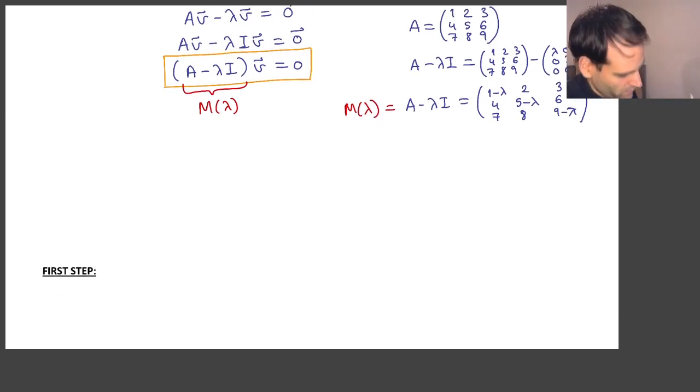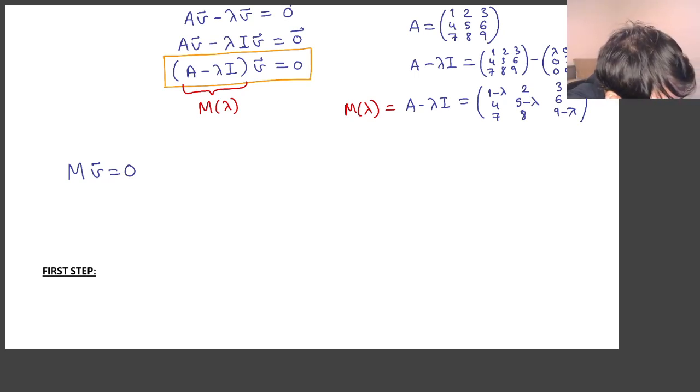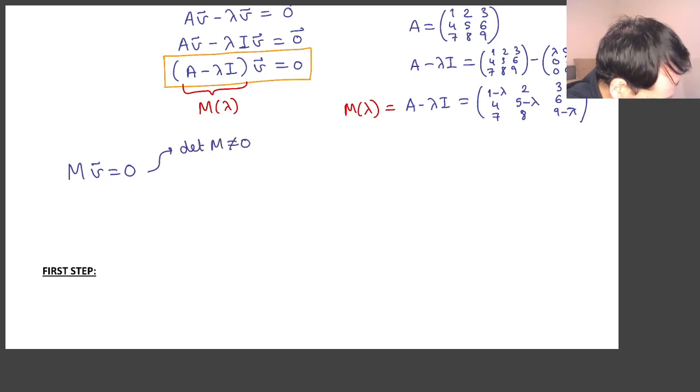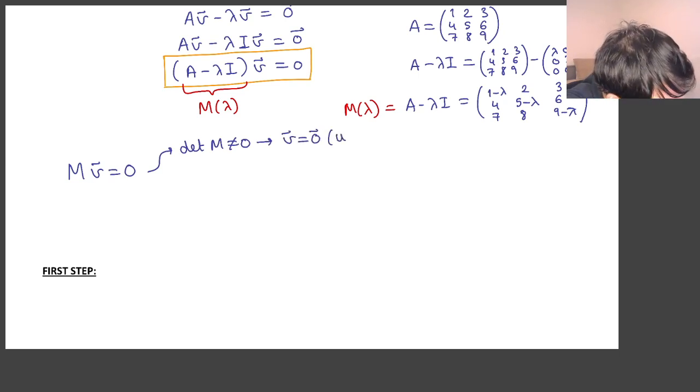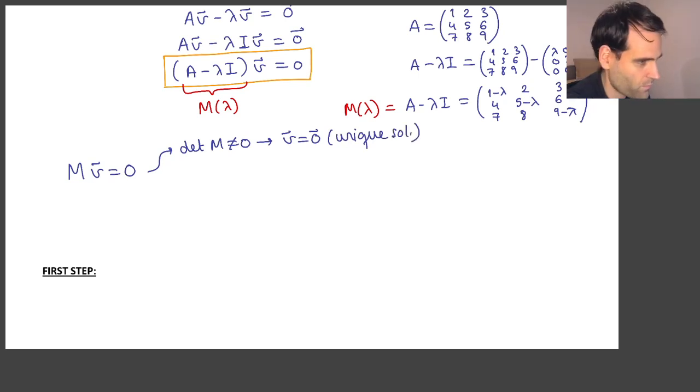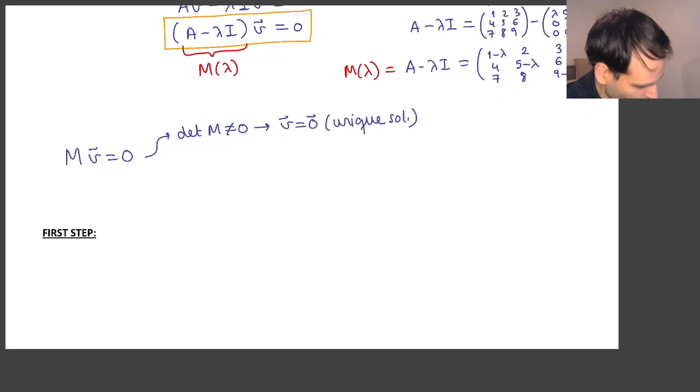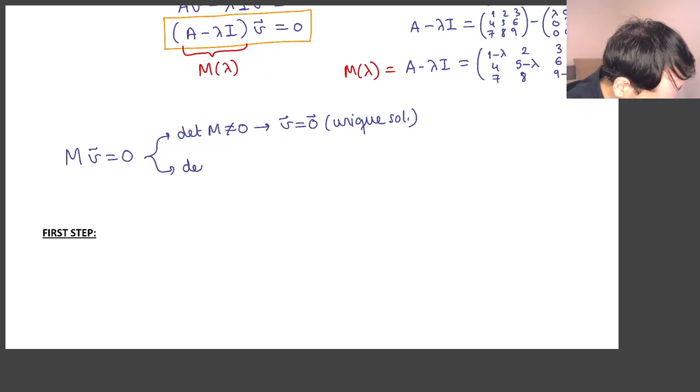But remember, when you are solving a system, matrix M times vector V equals 0, we learned in the last chapter on solving linear systems of equations that two things may happen. Either the determinant of M is not 0, in which case there is a unique solution given by V equals 0. Or the other alternative is that the determinant of matrix M is equal to 0.